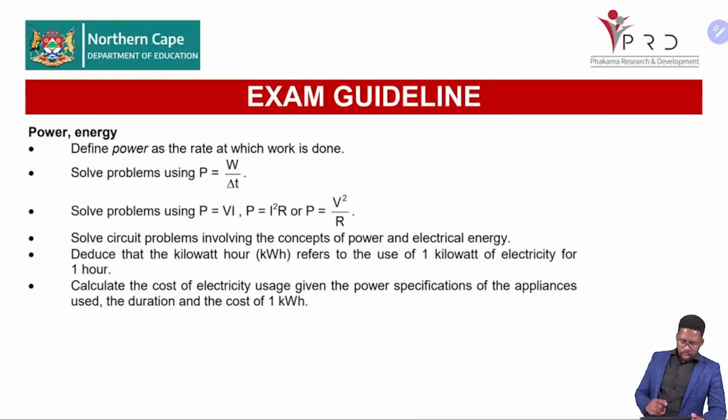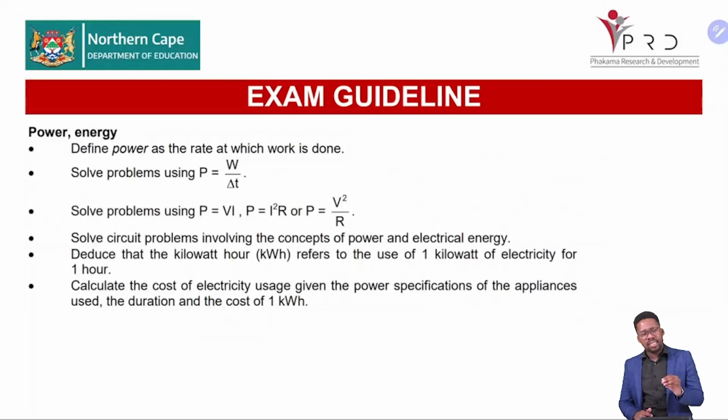Then you must be in a position to define power as the rate at which work is done. You know, we defined power from work, energy, and power. Power is coming back again in electric circuits. Power is the rate at which work is done. And I'll emphasize this. Let's make sure that we write definitions the way they appear from the exam guideline.